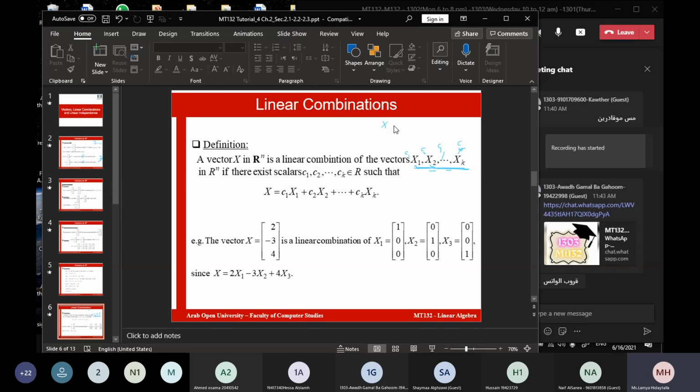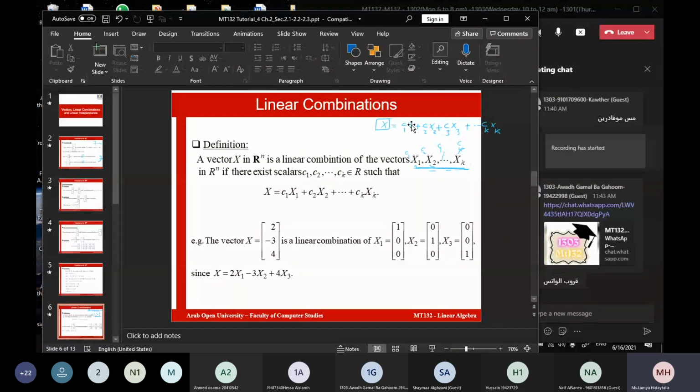So x is equal to C1 x1 plus C2 x2 plus C3 x3 plus, up to the last, Ck xk.